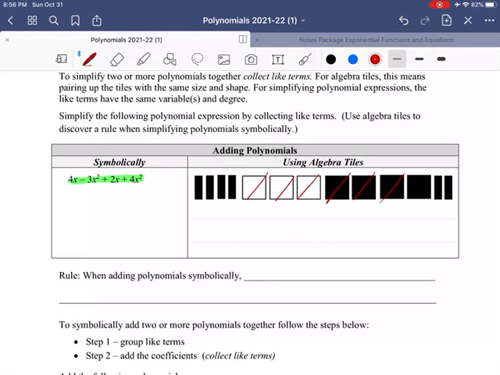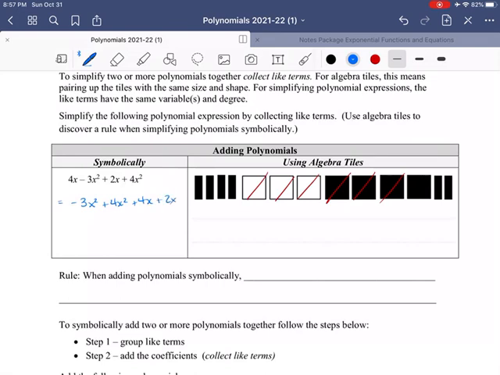So what I'm actually going to do on the left here is group the same stuff first. All right, so let's just group our negative 3x squared and our positive 4x squareds. And then we've got positive 4x, and we've got positive 2x.